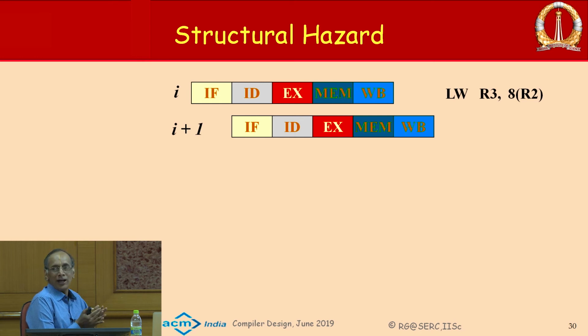So, how is it going to be accessed in one cycle? We do not know, but for the time being let us assume that it is going to be accessed in one cycle. Maybe the value is available in your cache, therefore, you can access it in one cycle, correct. So, we are going to assume that memory access takes one cycle.